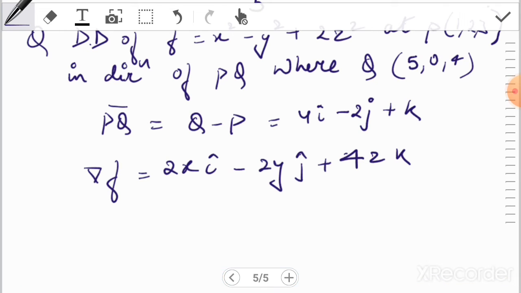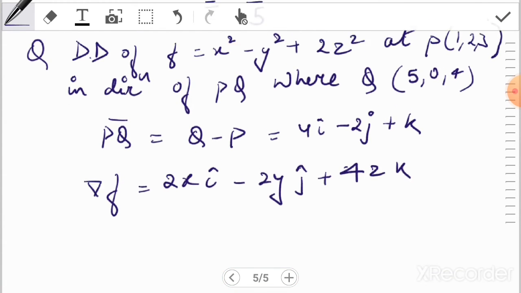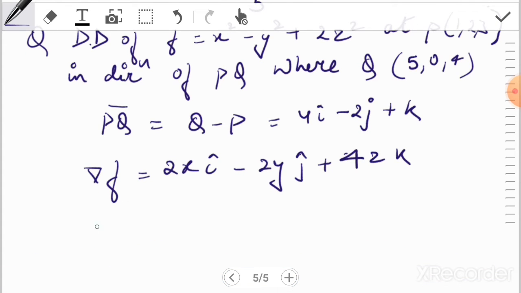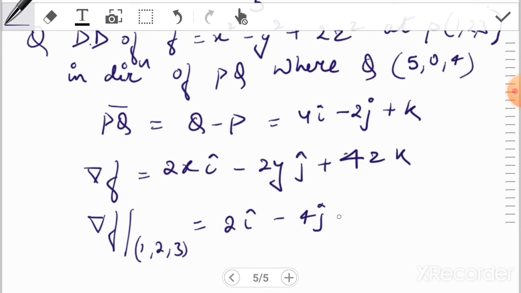Now del f at point (1, 2, 3) will be, put the value of x, y and z, so 2i minus 4j plus 12k.